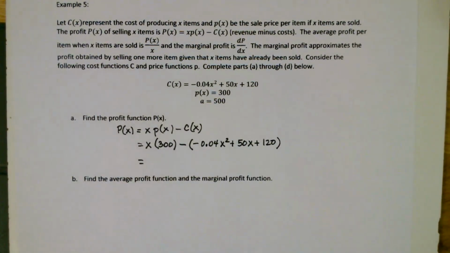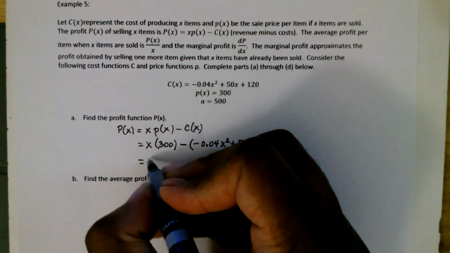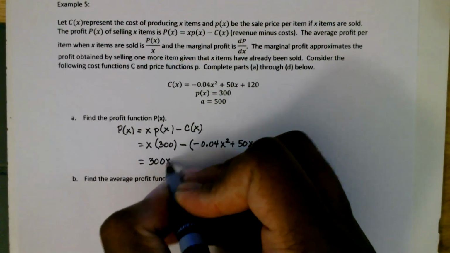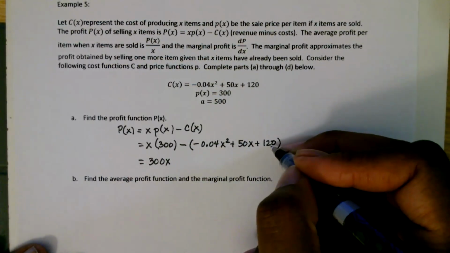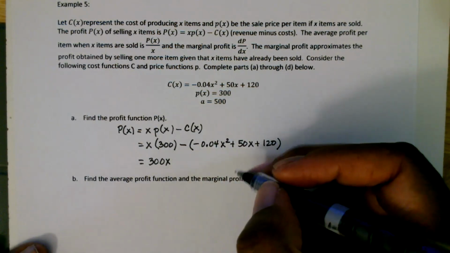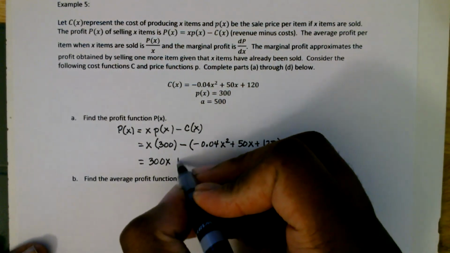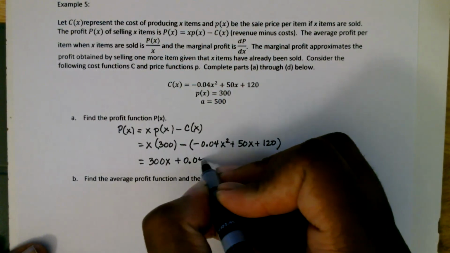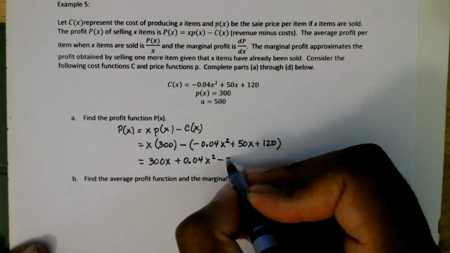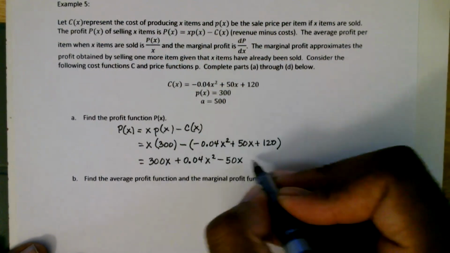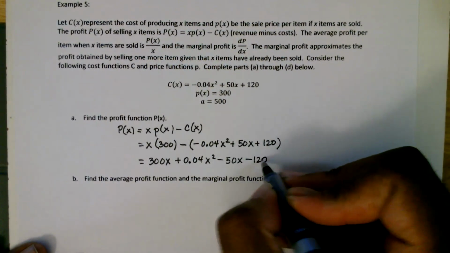Now, if I simplify this, 300 times x is 300x. That minus sign is going to be distributed over everything in the parentheses, and it changes the sign. So the minus makes negative 0.04x squared plus 0.04x squared. The minus makes the 50x minus 50x. The minus makes the 120 minus 120.